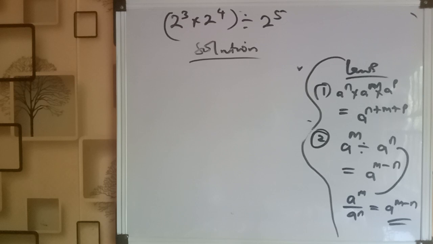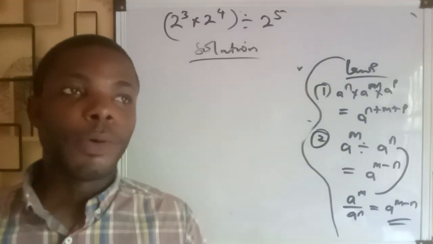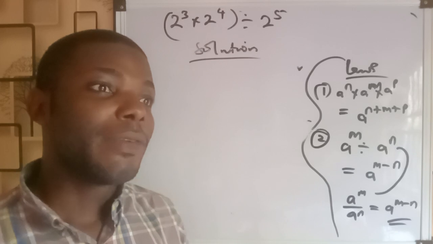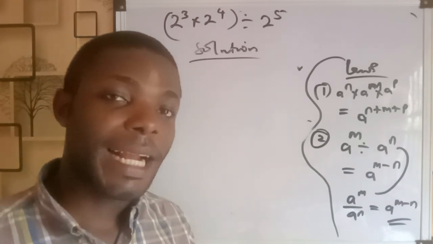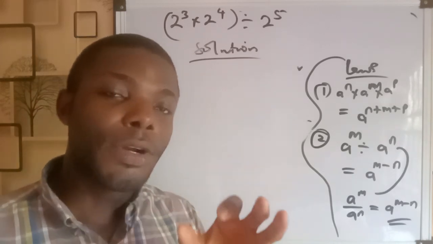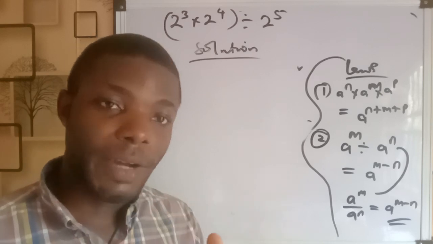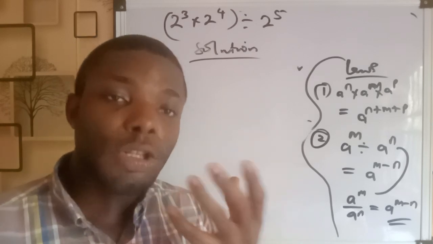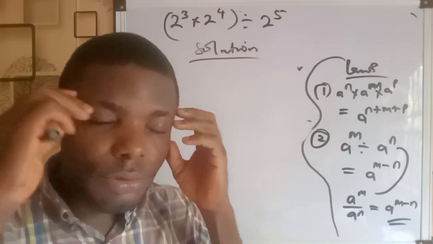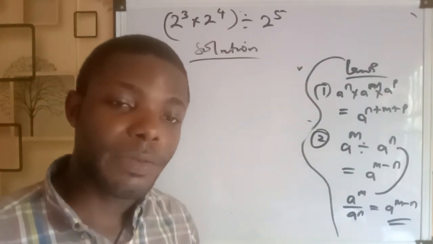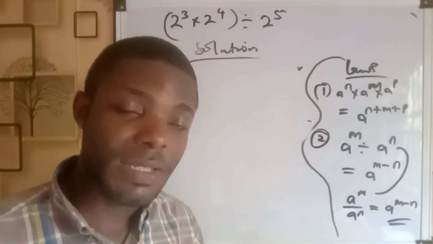Okay. Now, let's say you are solving for WAEC. Remember, if you are solving questions in WAEC and NECO, especially theory questions, if it's objectives, you can maneuver, you can take the shortcuts, you can even use your brain and do the calculations and pick the correct answer from the options given to you.